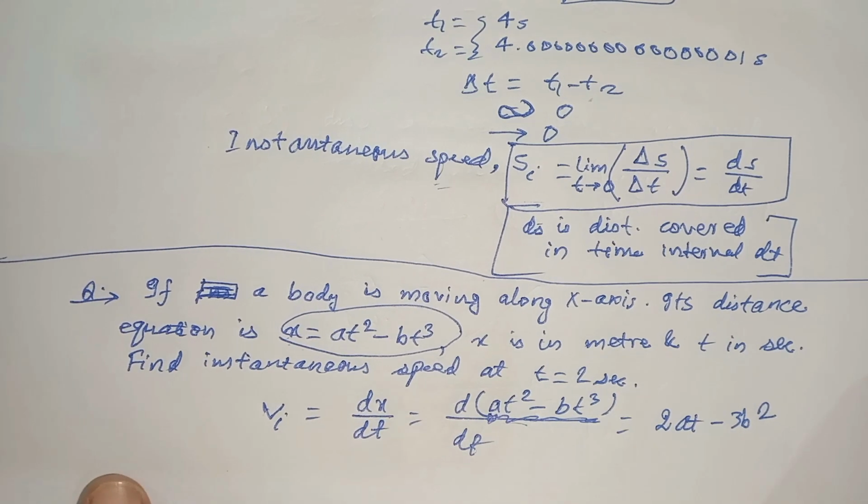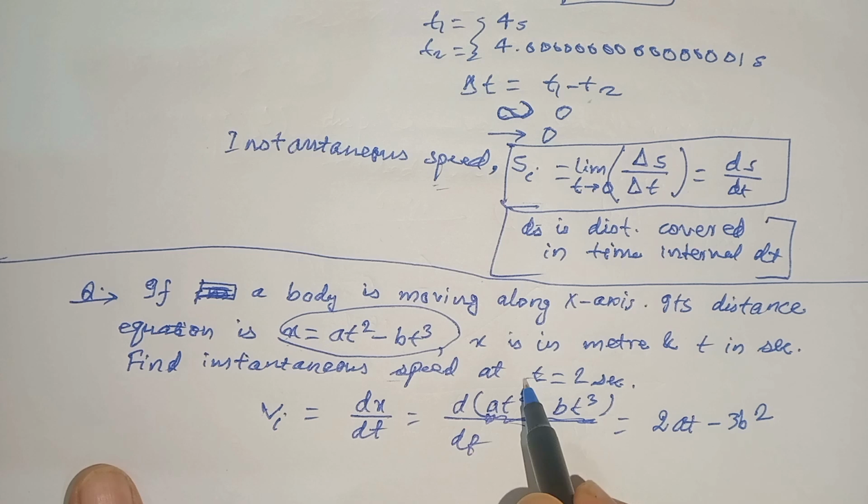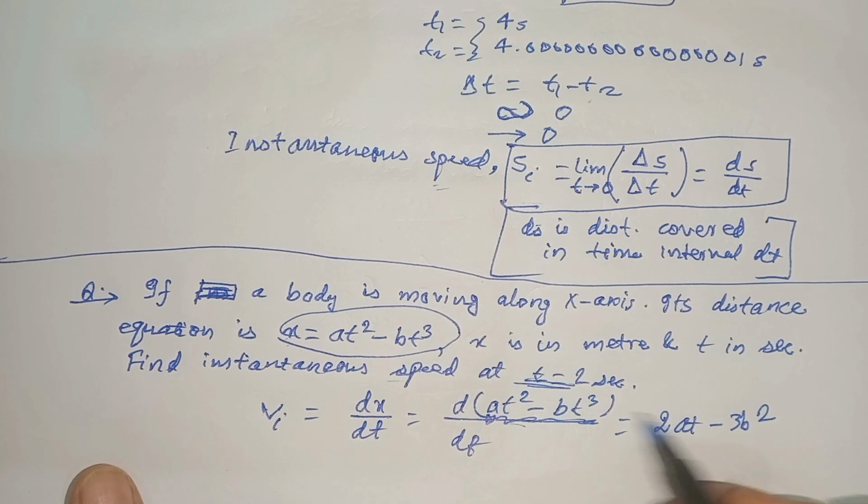Then what is asked in the question? Instantaneous speed at t equals 2, so we put t equals 2 at last.